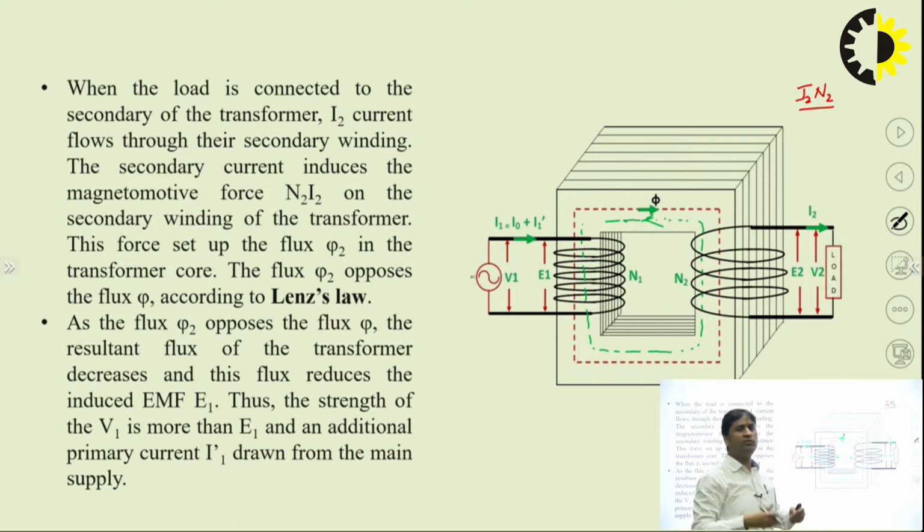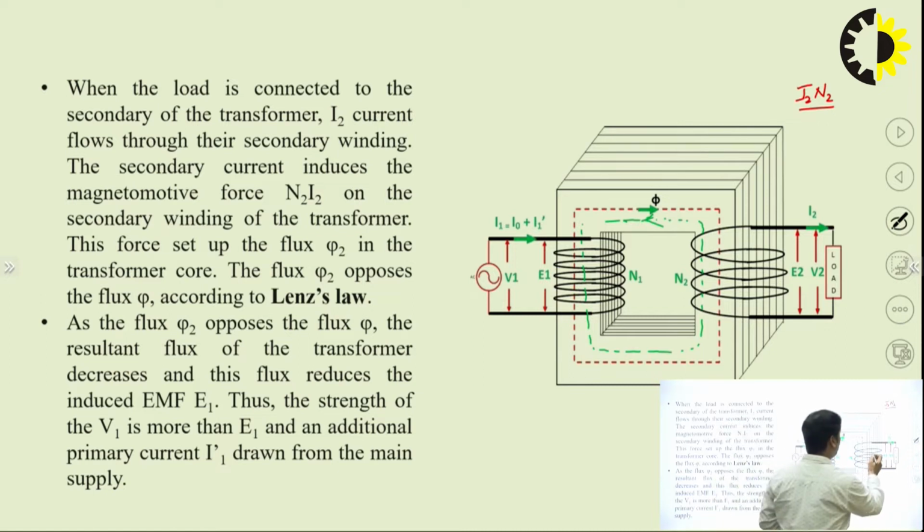So it will oppose the main flux. When it opposes the main flux, the induced EMF will be reduced, because the flux will reduce momentarily. So some extra current will be drawn from the primary side, called I1 dash, which compensates the component of the secondary current.